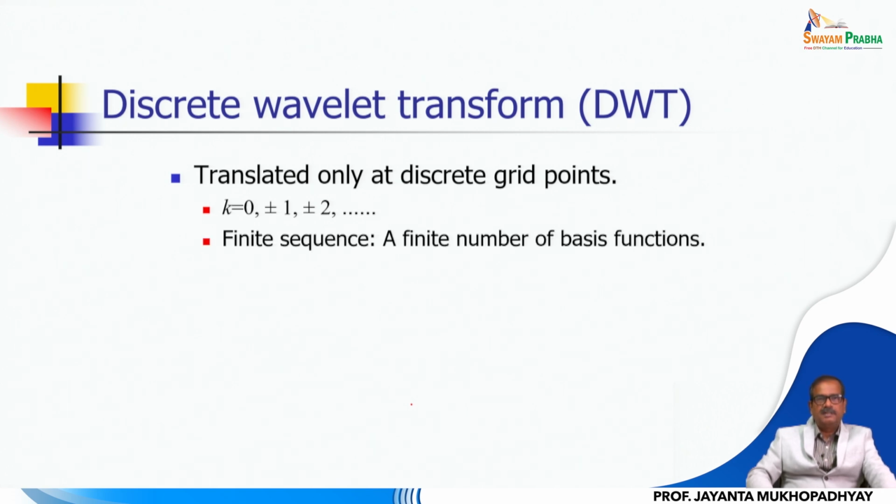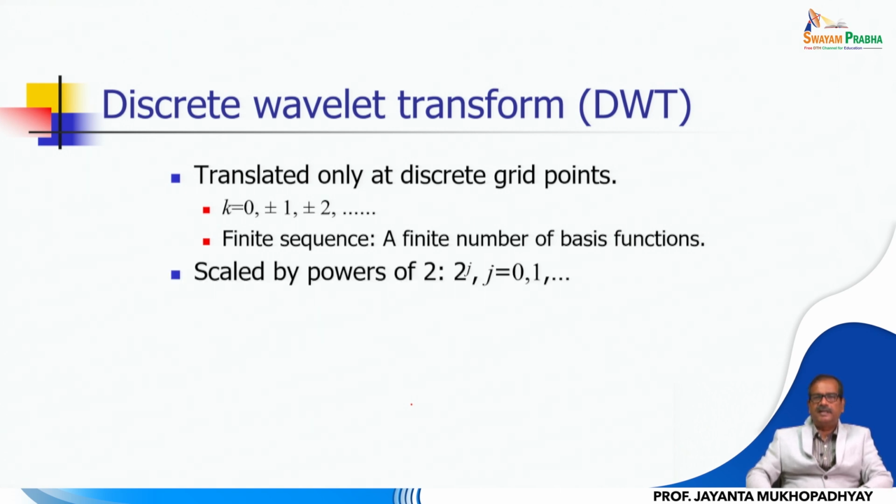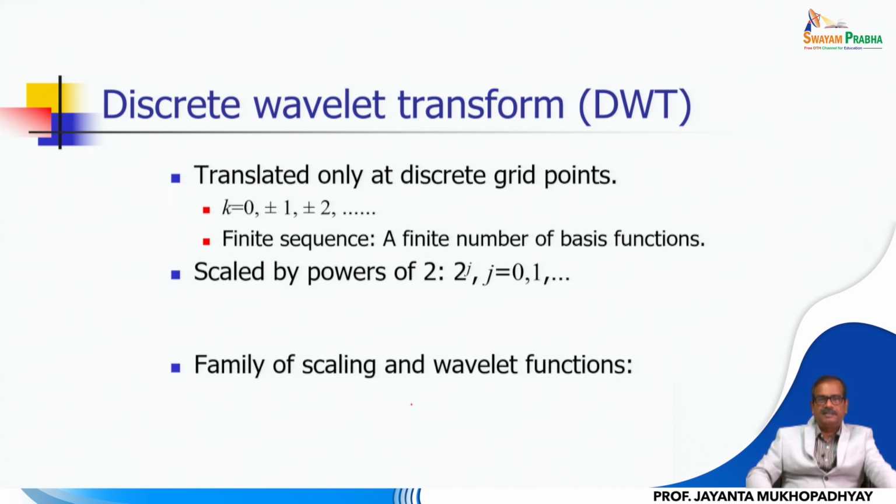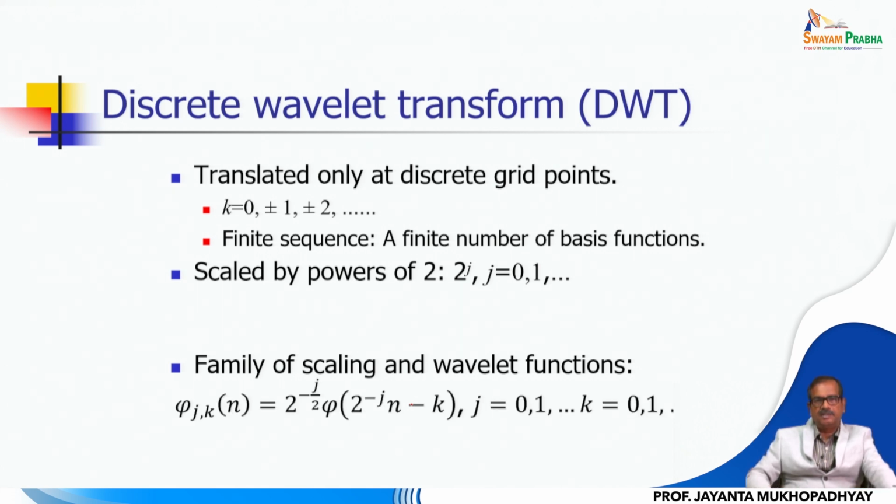Then your basis functions will also be a finite number of basis functions, and they are scaled by powers of 2, say 2 to the power j. That means you are dilating by the factor 2 at every resolution.